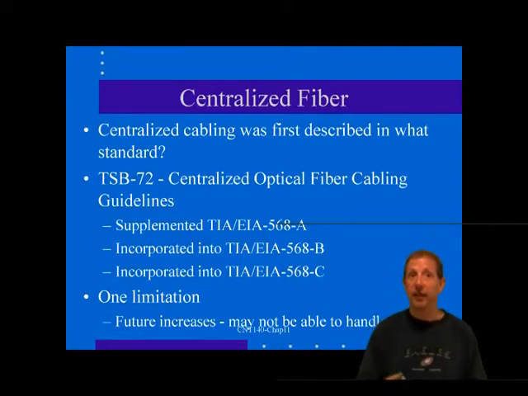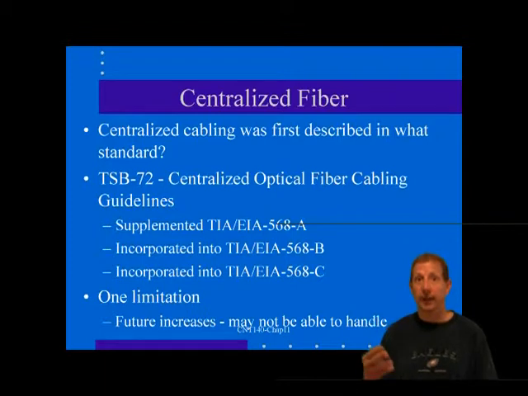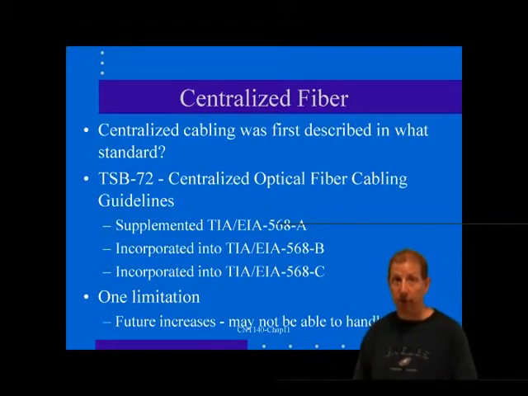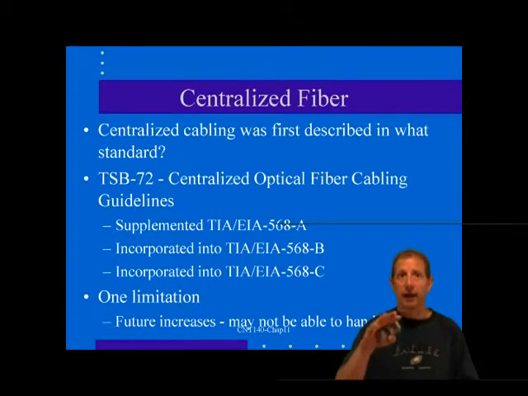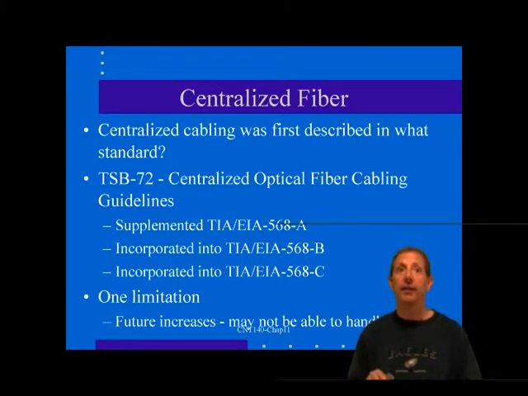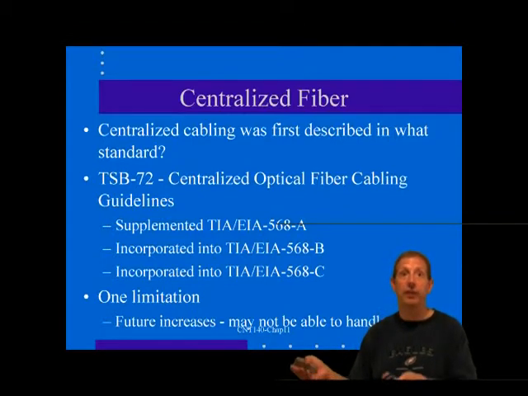With single mode fiber, you can get up to 10 kilometers using 10GBASE-LR. Standardized fiber does not have a limitation; it has the ability to handle future increases in network bandwidth.